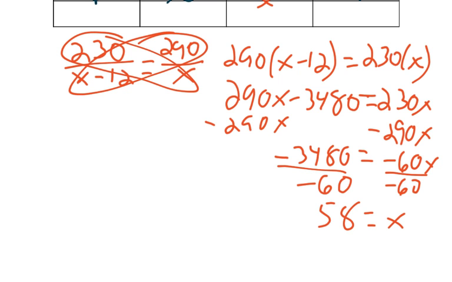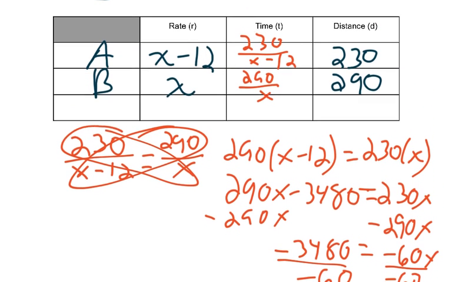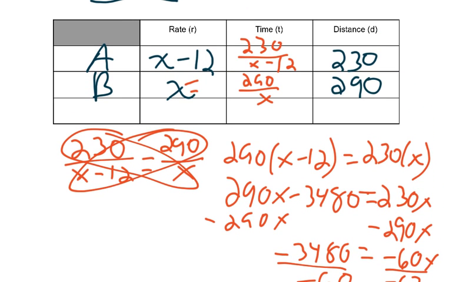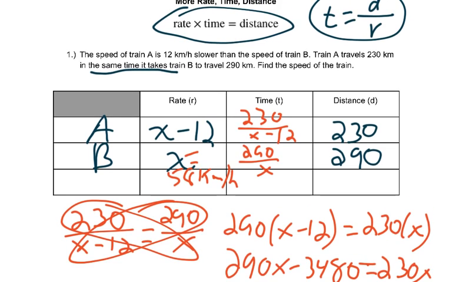So what that tells us then is that is the speed for x. So that's the speed for train B. We know that that is 58 kilometers per hour. Now, to get the speed of train A, we are going to take 58 minus 12, which is going to give us 46 kilometers per hour.